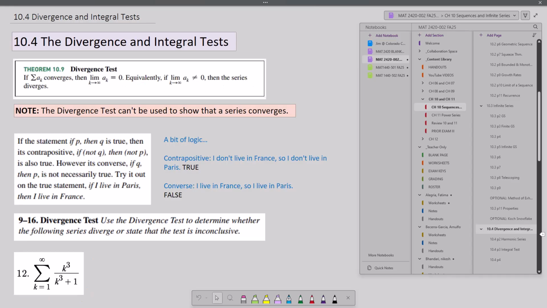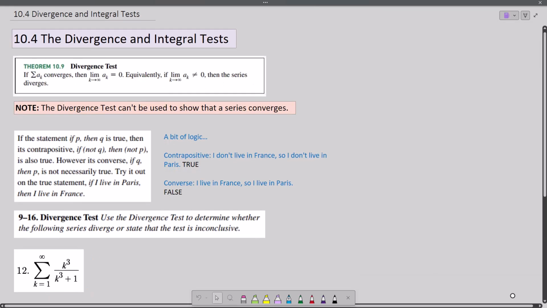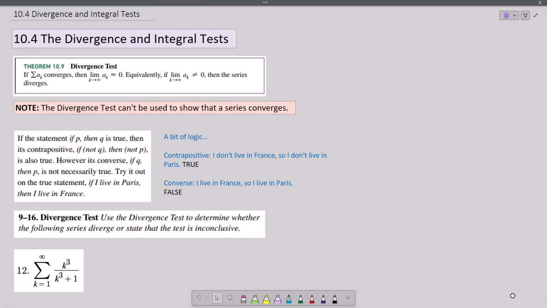Okay, so Chapter 10, Section 4. This is probably the most important concept with infinite series. Very simple. It's called the divergence test.